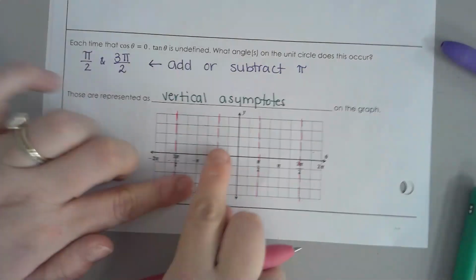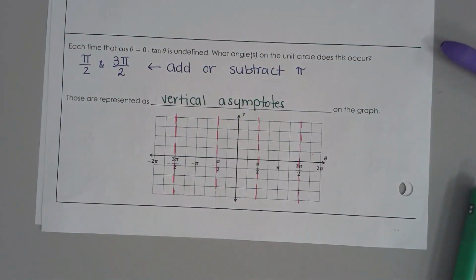So if my graph extended, I would keep counting 4 blocks, because 4 blocks is represented by pi here. I just looked at the scale. So you have your main ones. I like to call those the main asymptotes. That's not mathematically the perfect way to say it, but the main asymptotes, and then you just add or subtract pi, or whatever your period is. But in plain old tangent, it is pi.